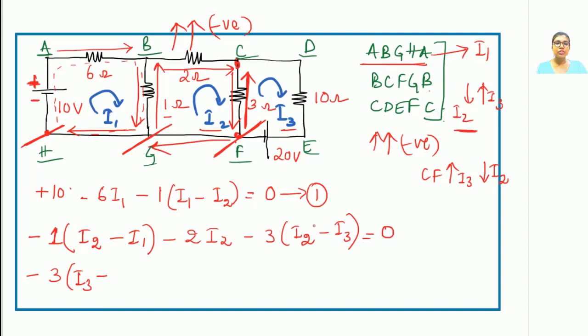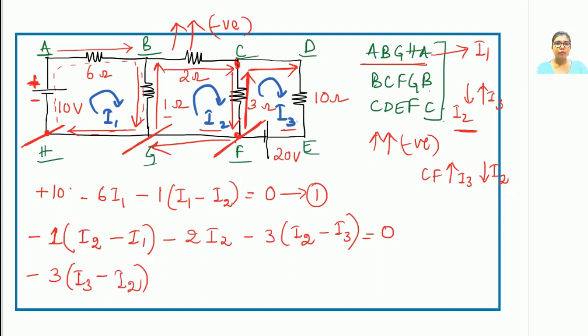So they are in opposite directions. Since we are writing our equations with respect to the direction of current I3, I2 will bear this negative sign. Now moving ahead, we will traverse from C to D in the clockwise direction. There are no elements, so there are no terms to be incorporated over here.